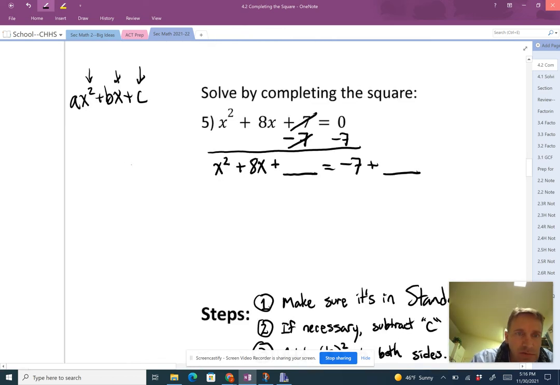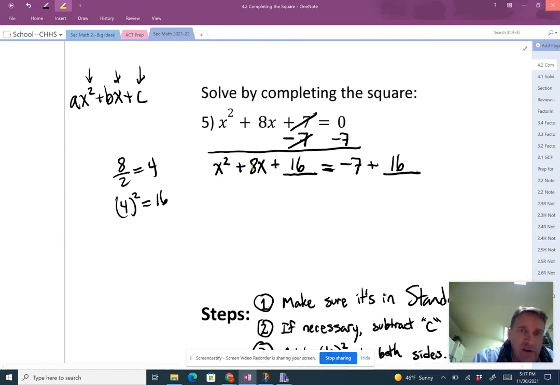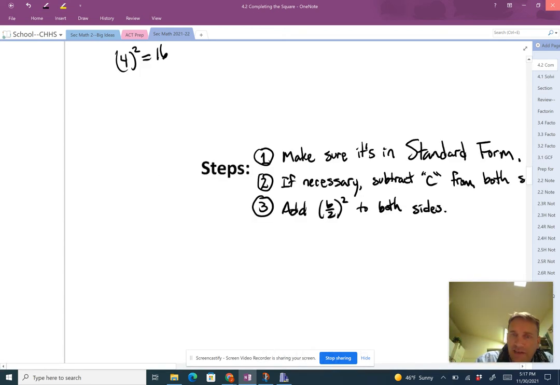B is 8, so we've got 8 divided by 2 equals 4, and 4 squared equals 16. So we're going to add 16 here and add 16 here. And we have completed the square on the left-hand side. This right here is a perfect square trinomial. And that's important because now we can factor it back, which is number 4.